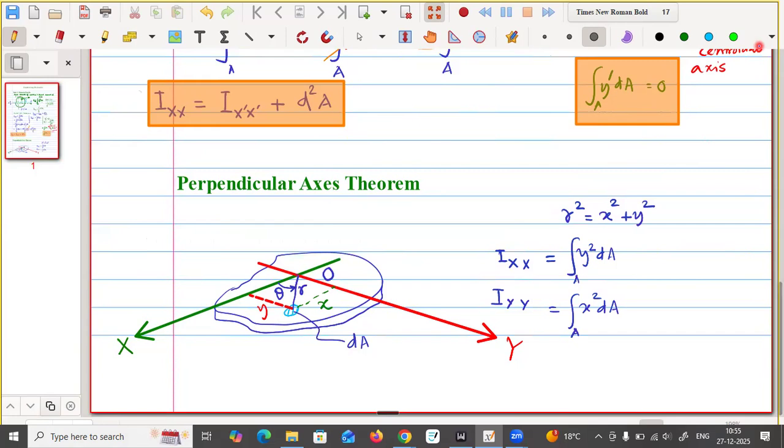Now, if I add them, Ixx plus Iyy will make the integral of y square plus x square dA.